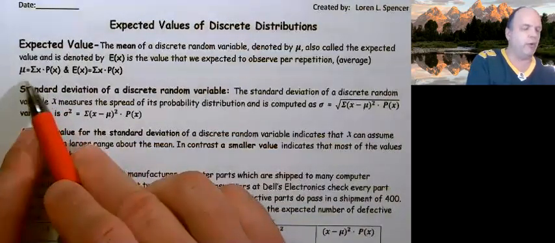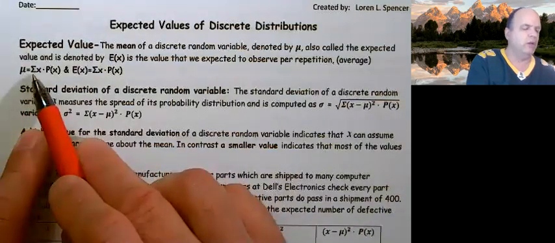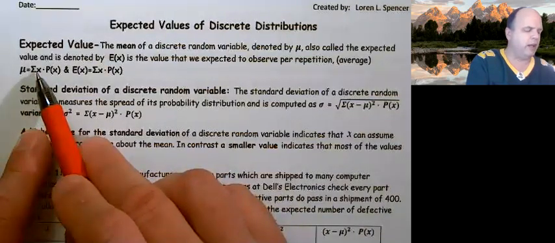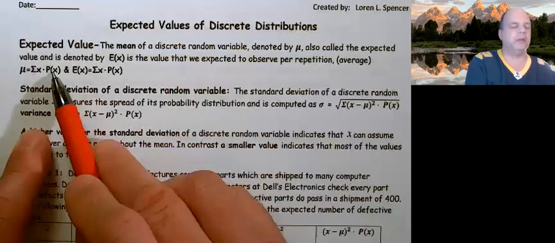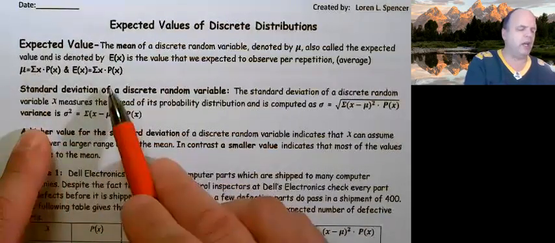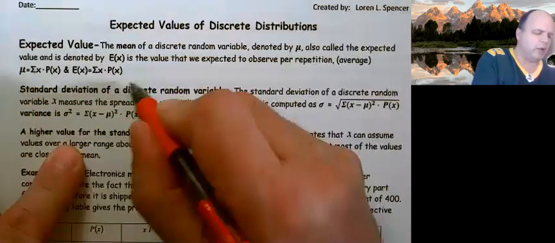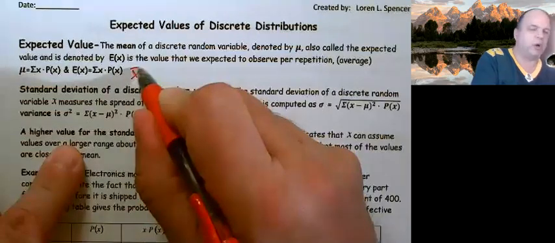Sometimes we will use the letter mu, that's the Greek letter mu. This means summation, sigma. So the x's times their probability, each individual x times its probability. On the calculator, it's not going to have a mu. The calculator will have an x bar.